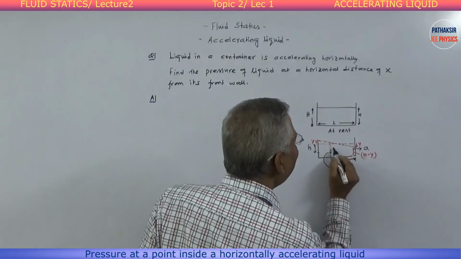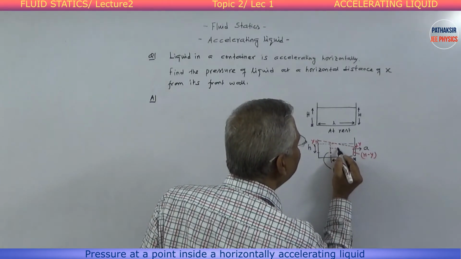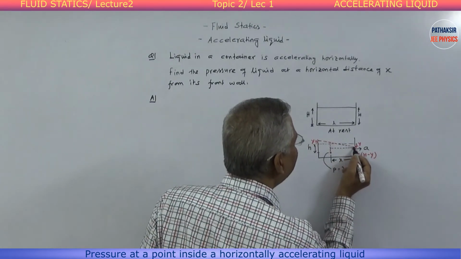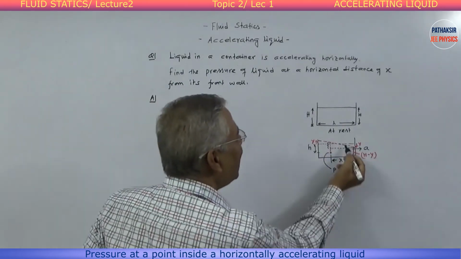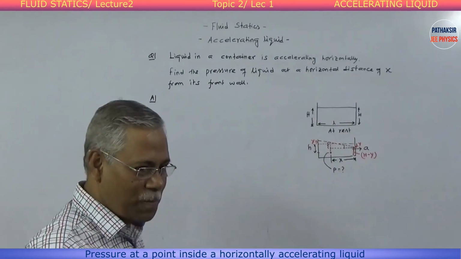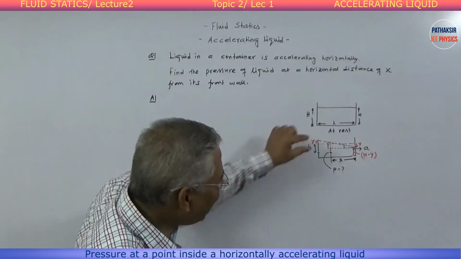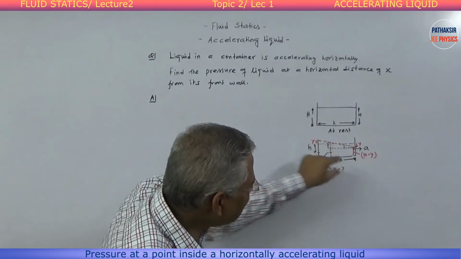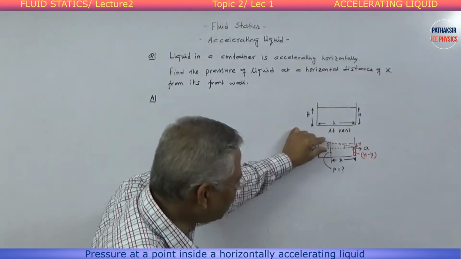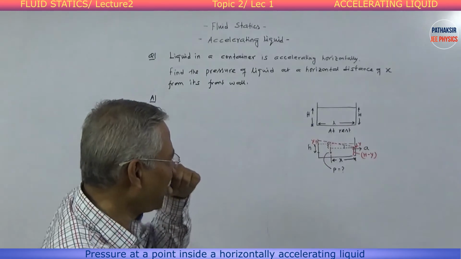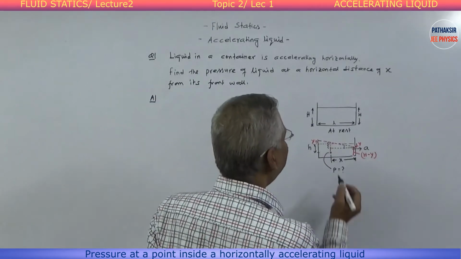Once you get h minus y, you can calculate the height of the liquid column above this, because this angle, tan theta equal to a by g, is known to you. So h minus y plus that height equals the height of the liquid column, or now this is h.